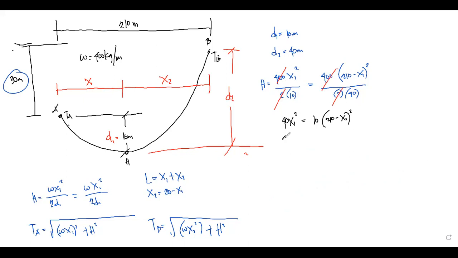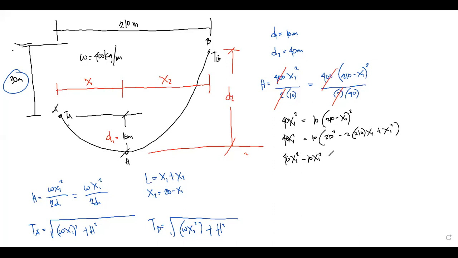So basically, we can expand. So 210 square minus 2 times 210 times x1. Okay, remember the expansion in your algebra, plus x1 square. Okay, and then you can have 40 x1 square. Okay, so minus 10.